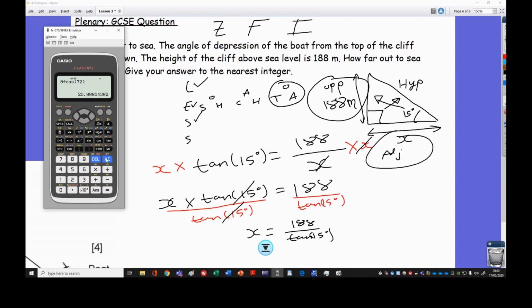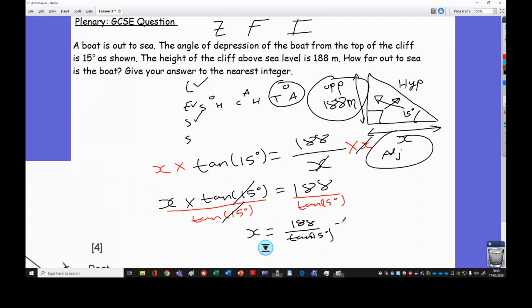You might not have a calculator with that function, which is no problem. You can just do 188 divided by tan of 15. With an older calculator, you'd have to do tan 15 equals, and then 188 divided by ans, and then equals, same answer.